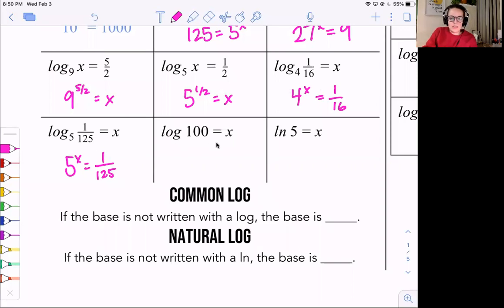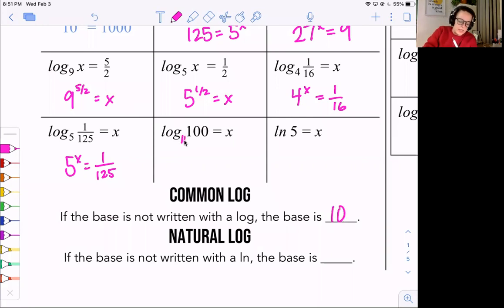And then you might have gotten to these two and been like, wait a second, there is no base number here. How can I get started with this? So there are actually two types of logs. There is the common log, right? And the common log is when you have a log and there's no base written. The base is actually 10.